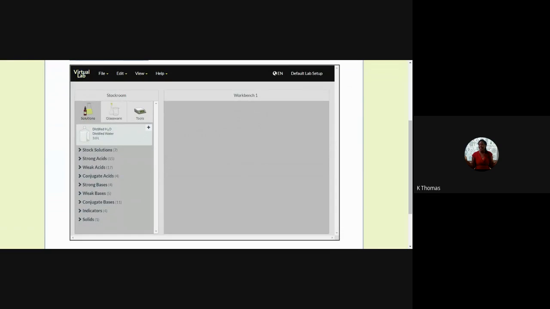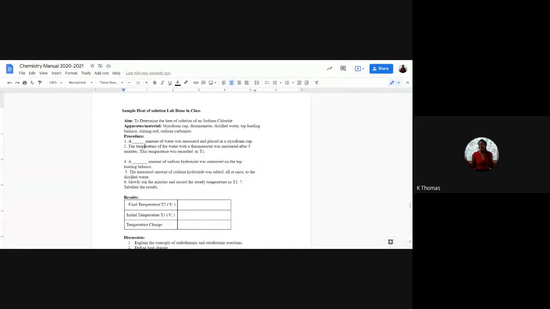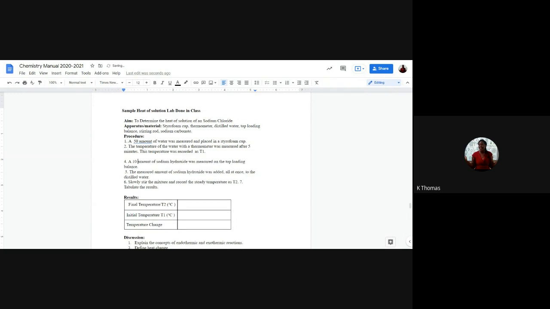Alright, so let's go back and read the instructions a little bit. We're going to measure a certain amount of water. I already decided that we're using 50 ml of water, and we're going to be using 10 grams of sodium chloride.